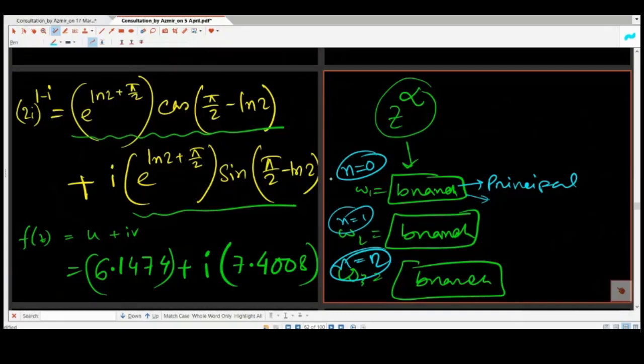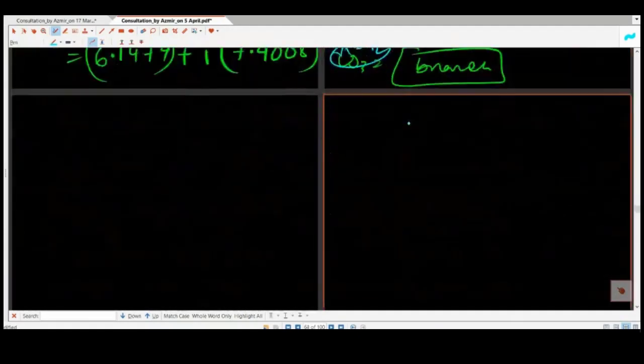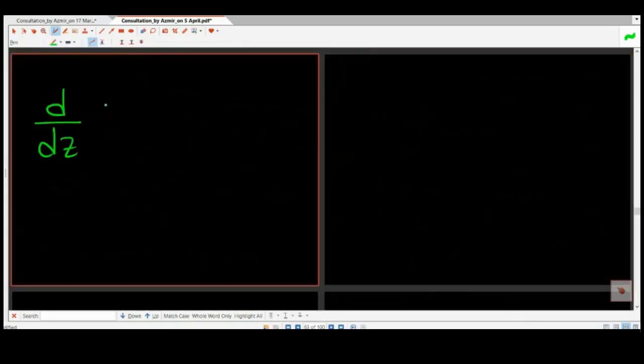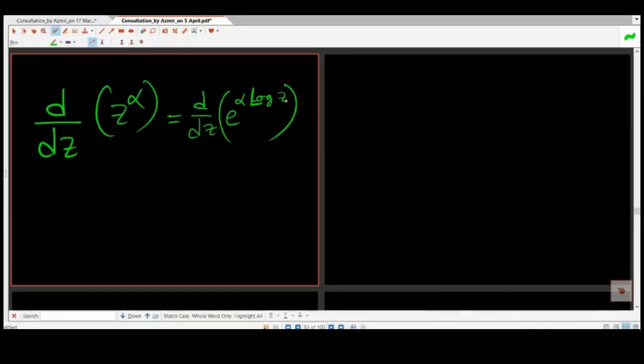We are not going into details of the derivative and Cauchy-Riemann equations. Let's write directly d/dz of z to the alpha. We know that d/dz of e to the alpha Log z, let's say it is capital Log, because this capital Log is an analytic function, we have shown already.